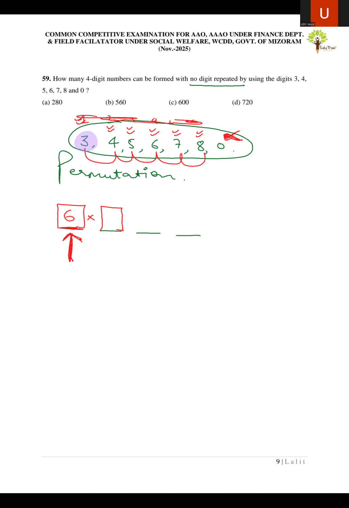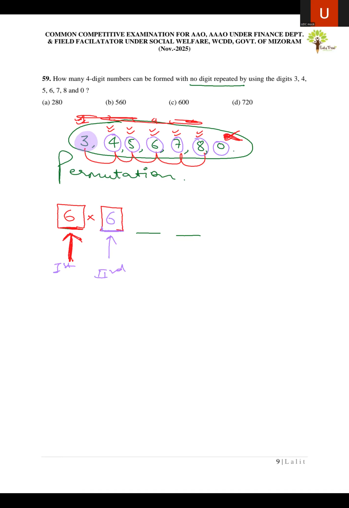Now, how many possibilities are left for the second place? Now I can easily keep 0 at the second place. So now we again have six possibilities: one, two, three, four, five, and six.